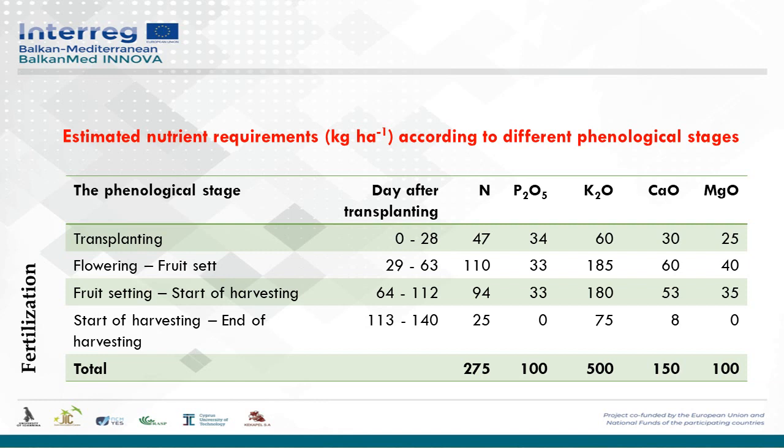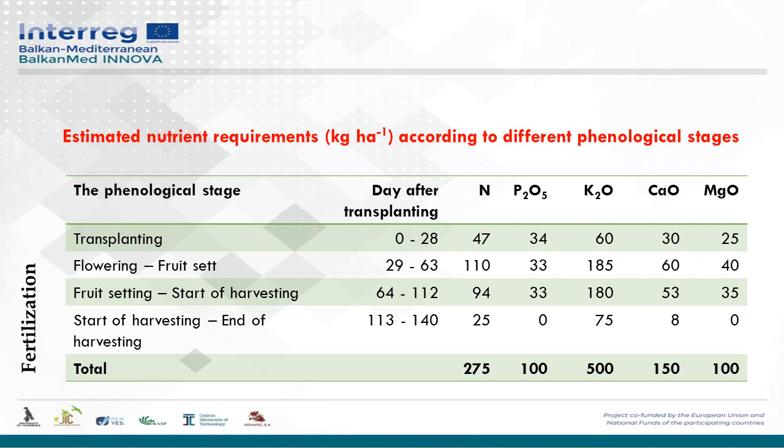And easily you can observe that these both are the most important elements. There is only about 100 kilograms per hectare of phosphorus and similar amounts for magnesium and calcium.